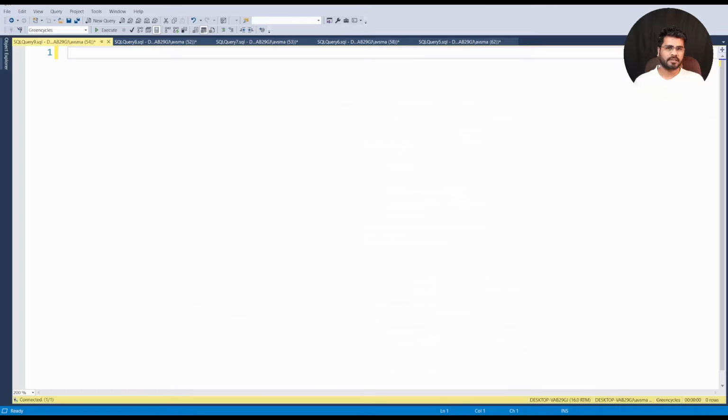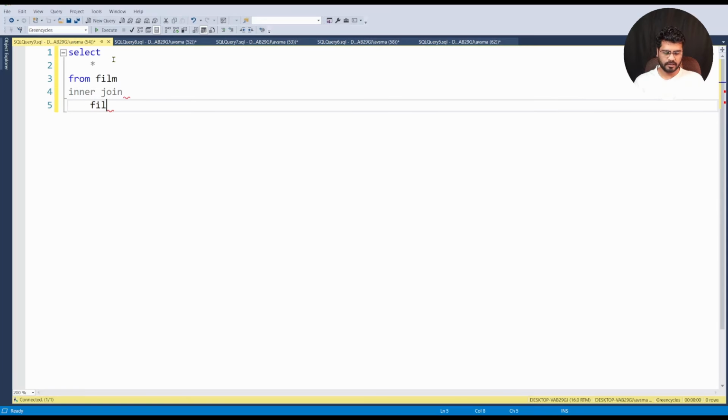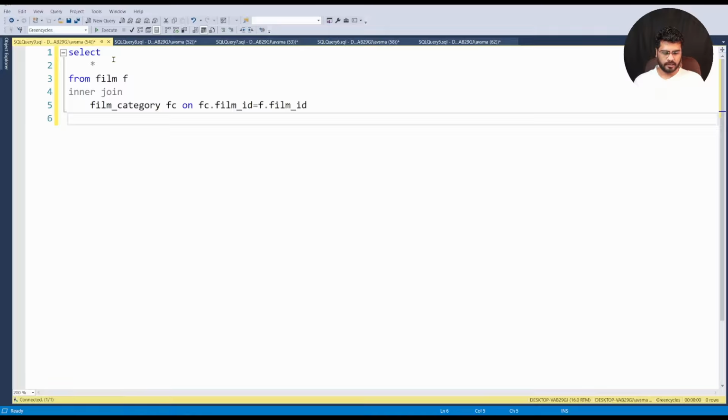Okay, so as we discussed in our approach, we will first join the tables. So we will first join the film table. We will use the inner join and join it with the film category table, and we join it on the condition of film ID, and let us also join the category table.